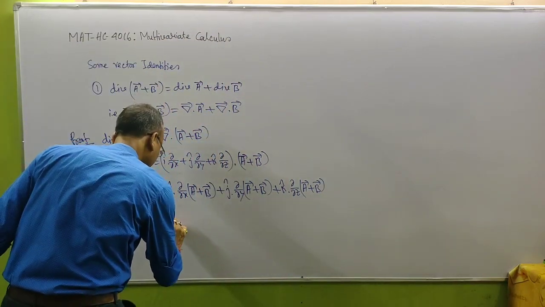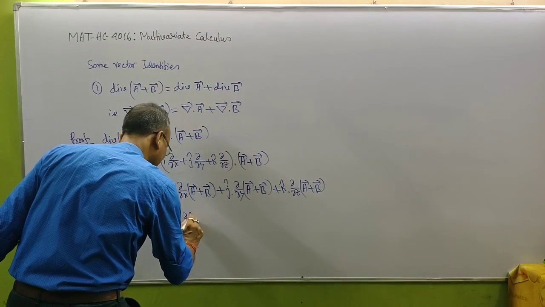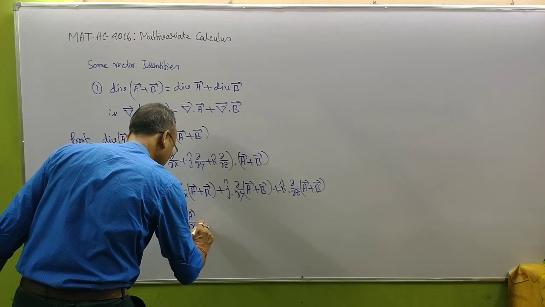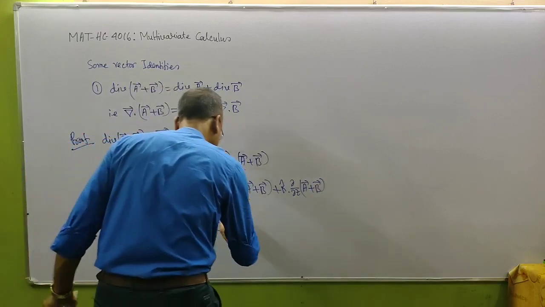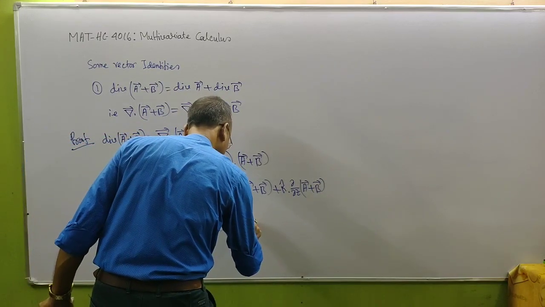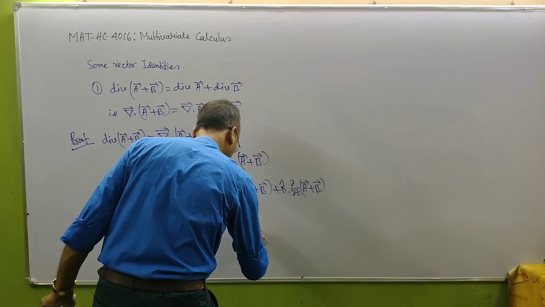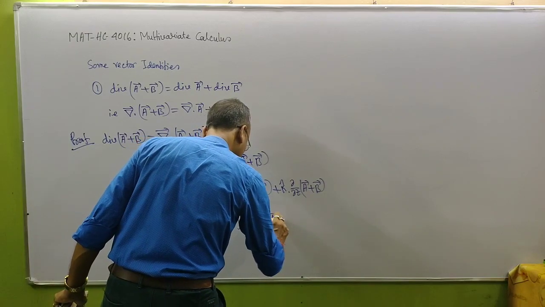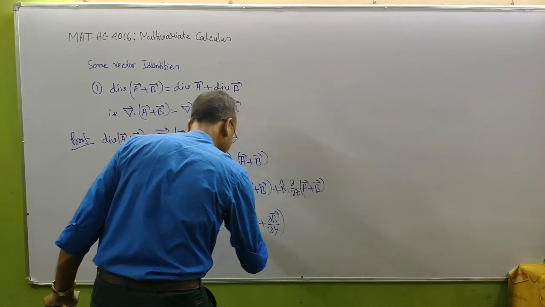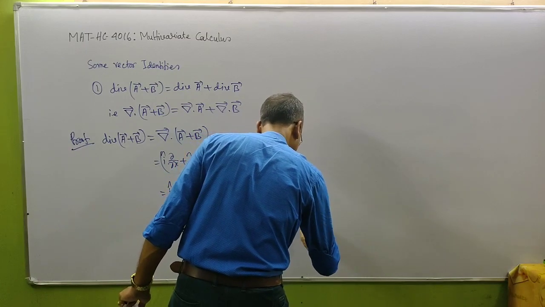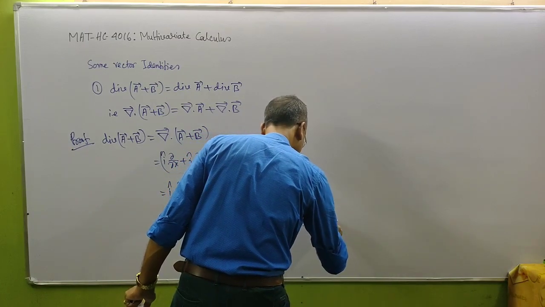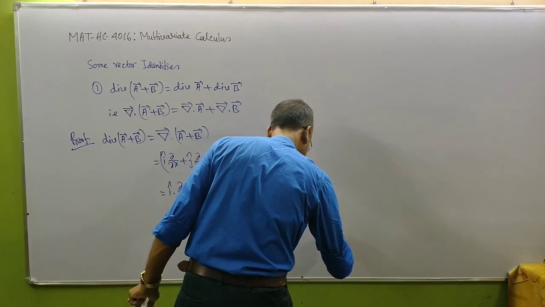This is equal to i cap dot (∂A/∂x plus ∂B/∂x) plus j cap dot (∂A/∂y plus ∂B/∂y) plus k cap dot (∂A/∂z plus ∂B/∂z).